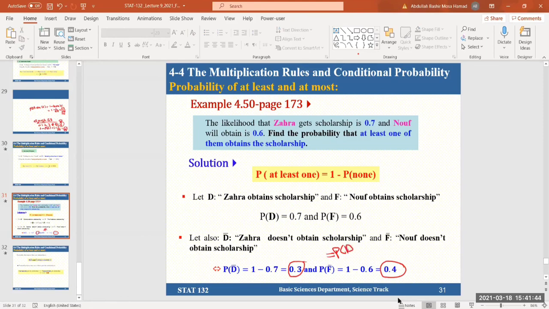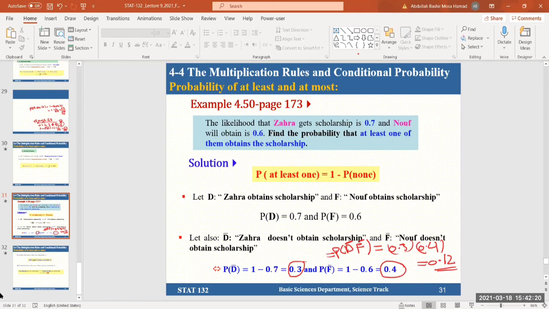Multiply them: 0.12. Yes, exactly, because these are independent events. So it is 0.3 multiplied by 0.4, both complements, not Zahra and not Nof, both do not get a scholarship, so it is 0.12.